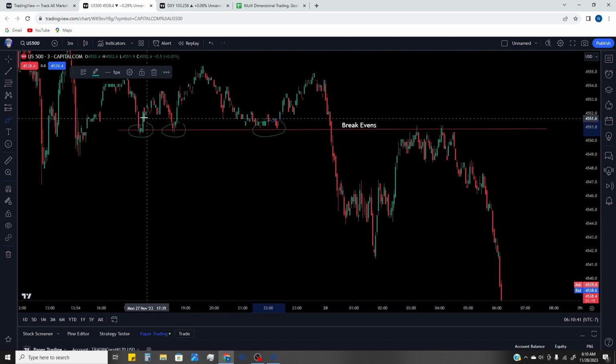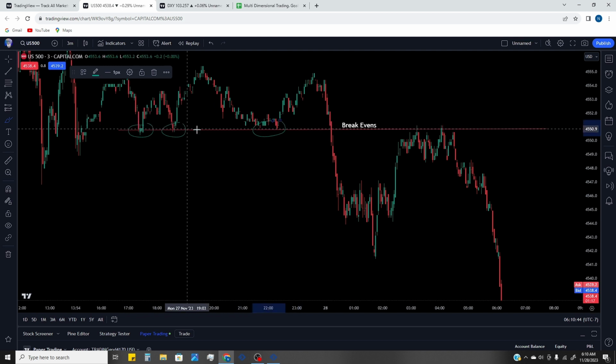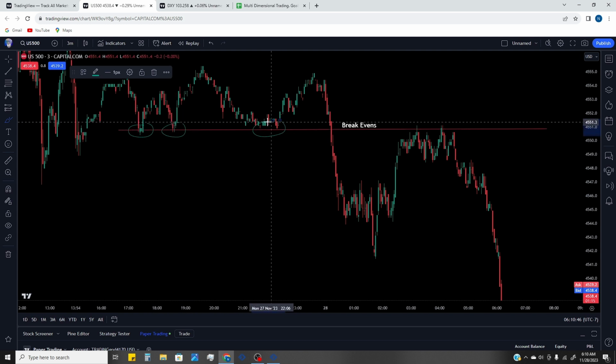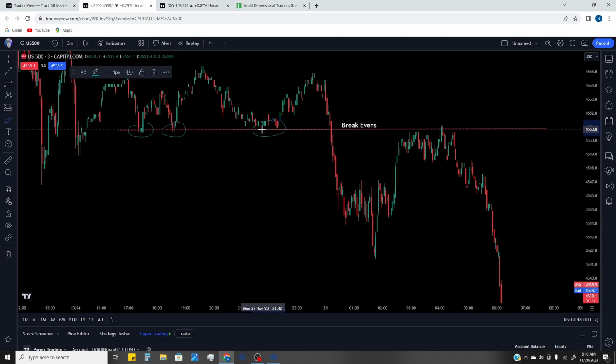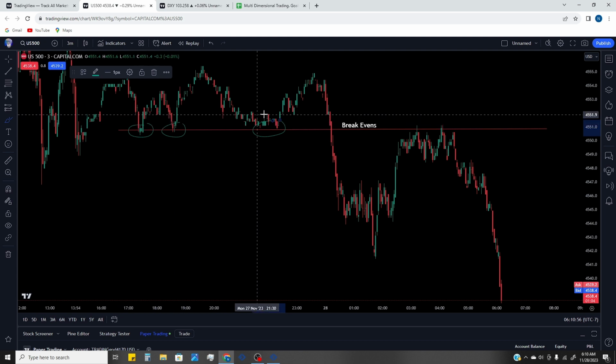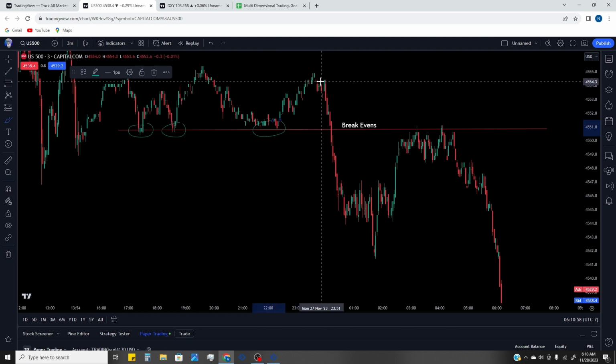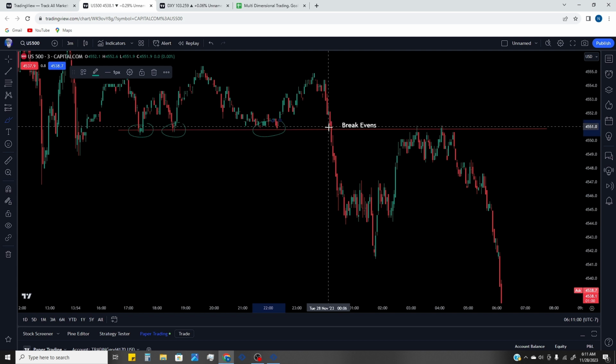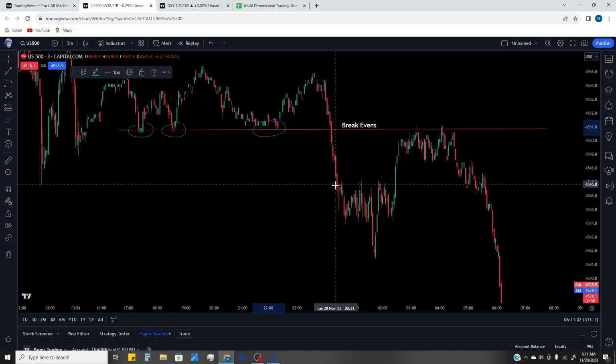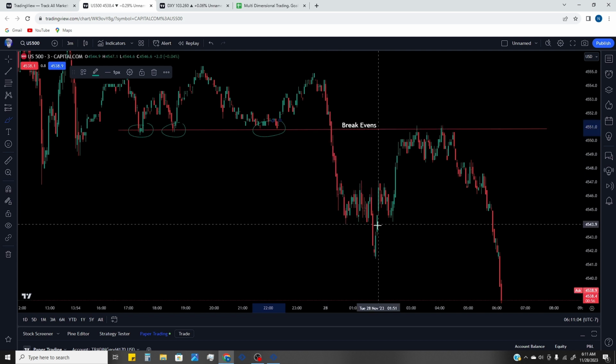There's a group of people here, a group of people here, a group of people all up in here that all purchased primarily in the same area over an extended period of time. Now, what happens to them? They get flushed out. Price goes all the way down.